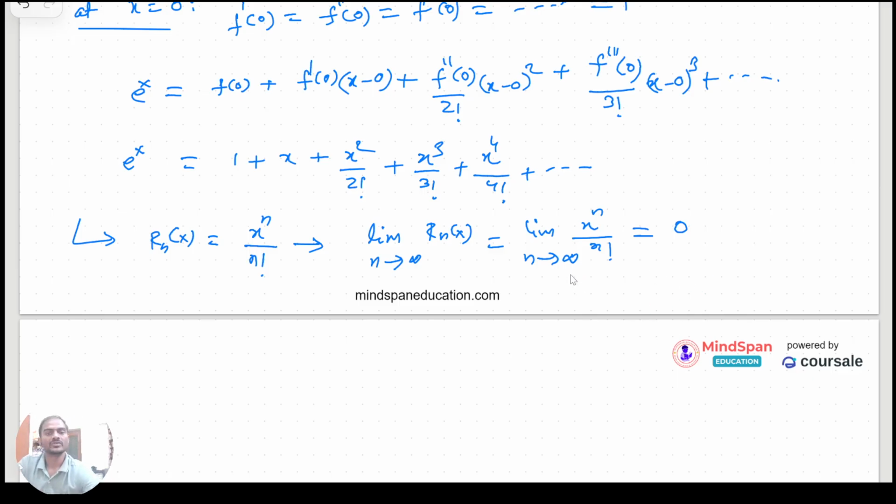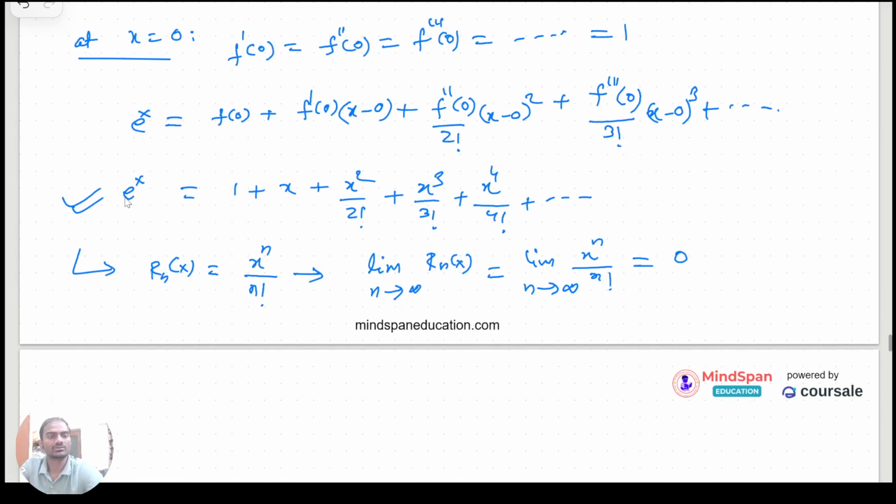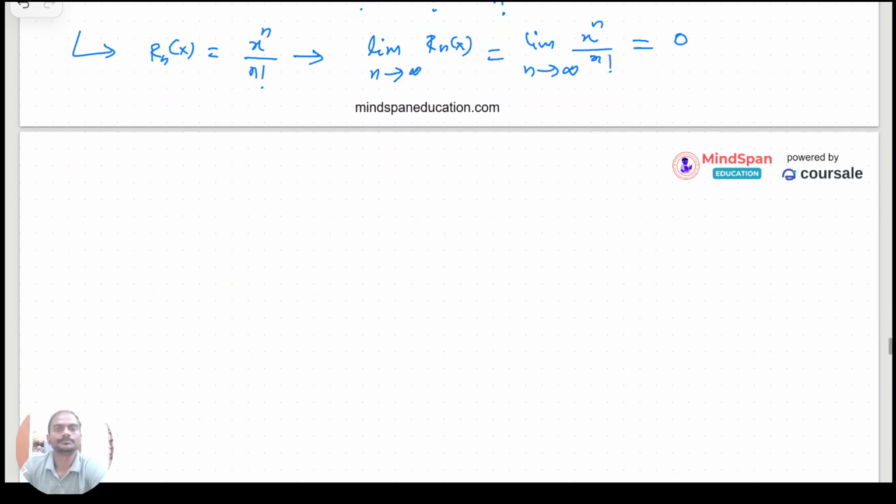This will become 0. That's why this gives an exact match. So e raised to power x will be 1 plus x plus x square by factorial 2 and other terms. This Taylor series is an exact match in terms of values of e raised to power x.